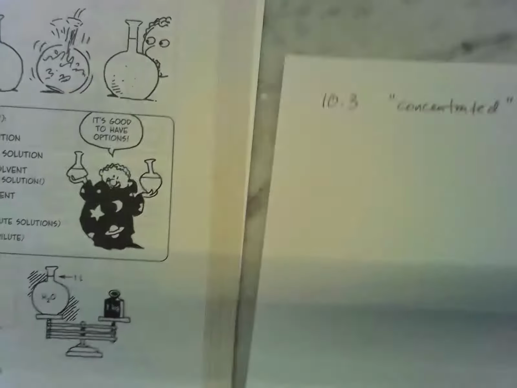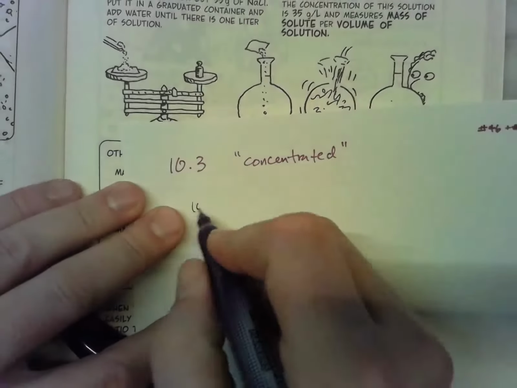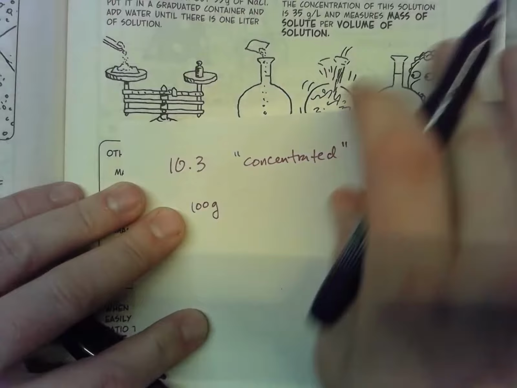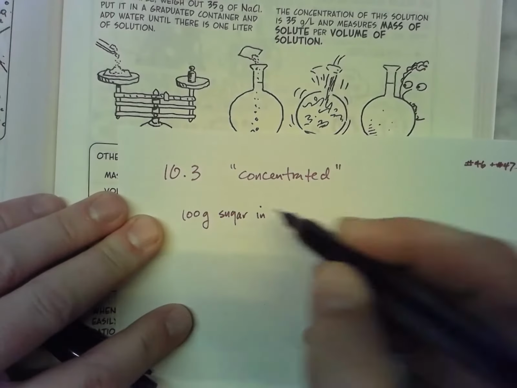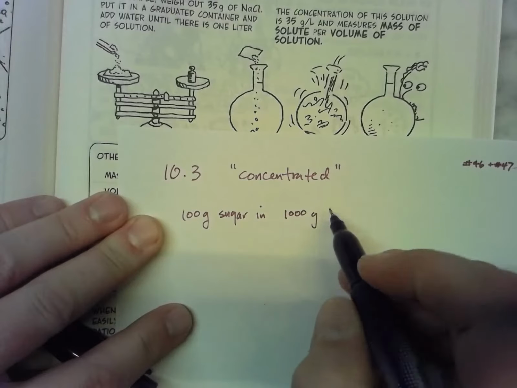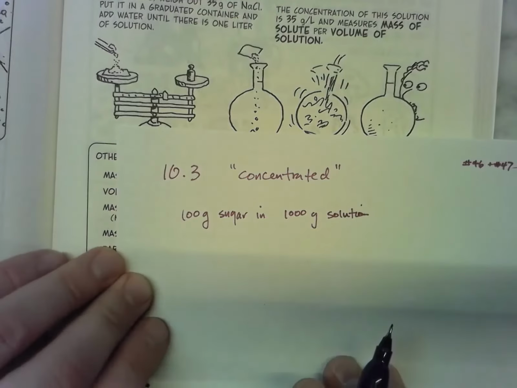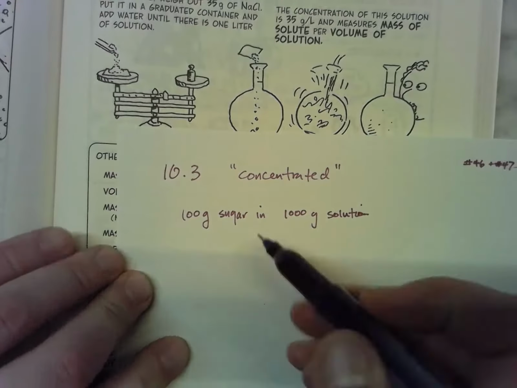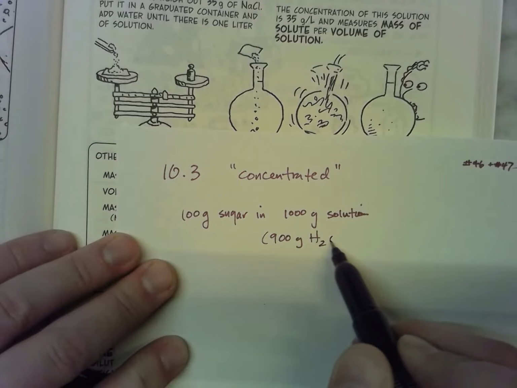So if we have 100 grams of sugar in 1,000 grams of solution, what's that actually mean? That means we've only got 900 grams of water.